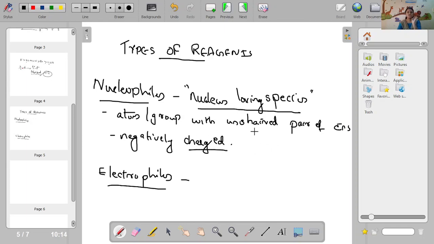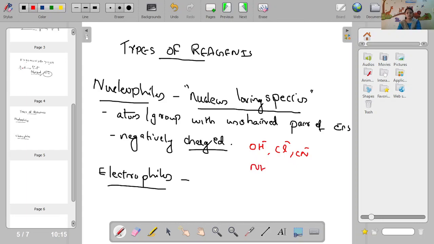So it may be charged or neutral. Nucleophiles may be charged or neutral. Charged nucleophiles means negative charge. You can have some examples like OH minus, Cl minus, CN minus, like that. If they are neutral, they should carry a lone pair, so atoms with a lone pair. That means nitrogen, oxygen.